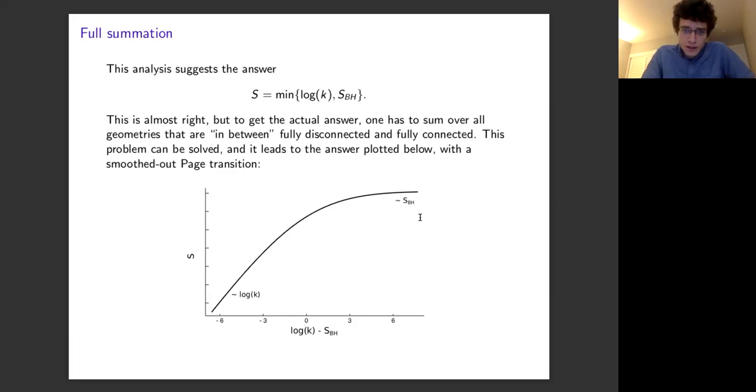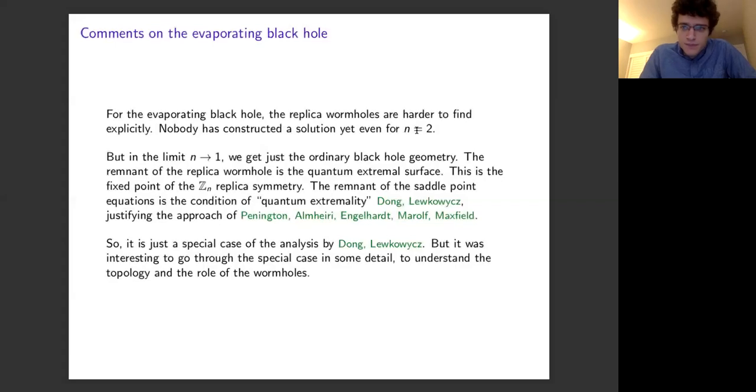Okay. Thank you. Okay, so let me just comment briefly on, so far we've been discussing this really simple model. Whether the model was well motivated or not is up to you, I guess, but we can return now to try to think about the evaporating black hole. And what happens in the evaporating black hole is basically the same thing.